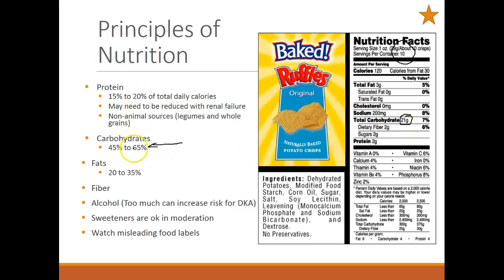It is a balance of carbs, proteins, and fats. Patients who are diabetics can drink alcohol, but too much can increase their risk for DKA. Sweeteners are okay in moderation, and again, watch for misleading food labels.